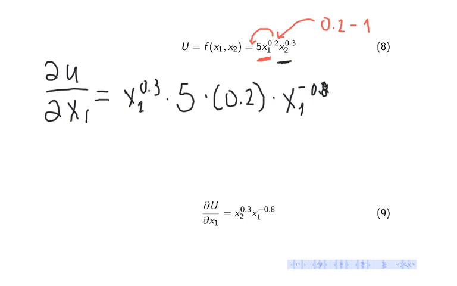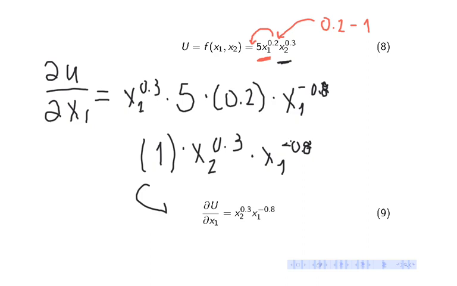Now, when we clean all of this up, 5 times 0.2 is going to be equal to 1, so you can actually drop those. So it will be 1 times x2 to the 0.3 times x1 to the negative 0.8, which I clean up even further down here.